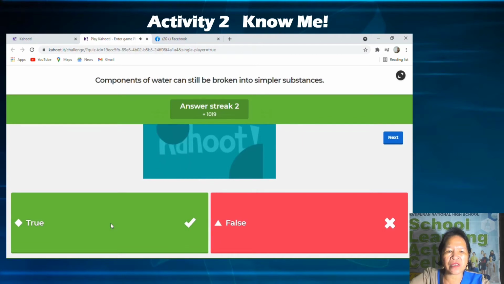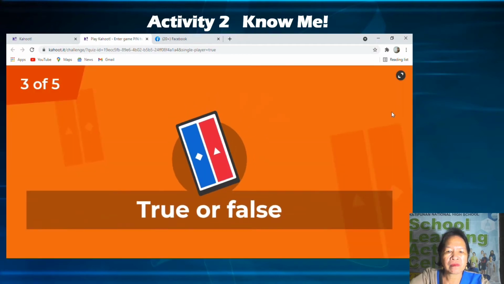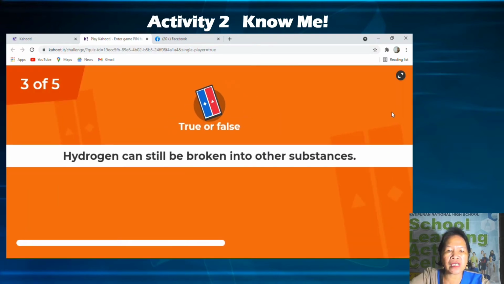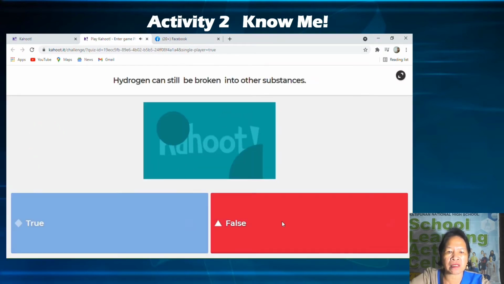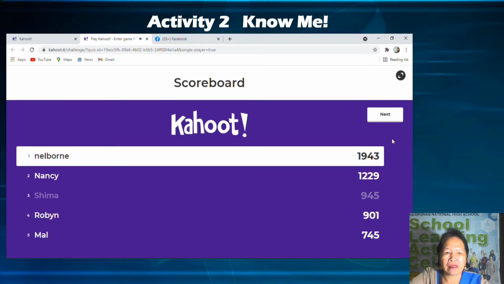The answer is true. Still Nelborn got it right. Next, hydrogen can still be broken into other substances. True or false? The answer is false. Still Nelborn got it right.